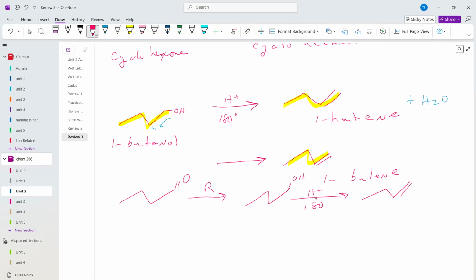Okay, so we have butanal being reduced to butanol, going to butene.